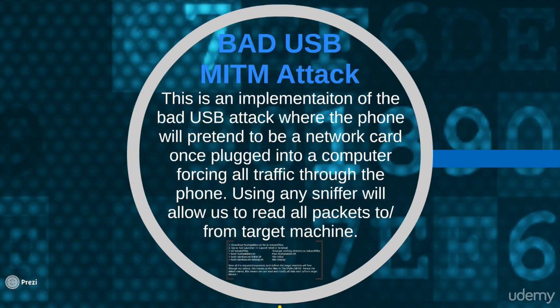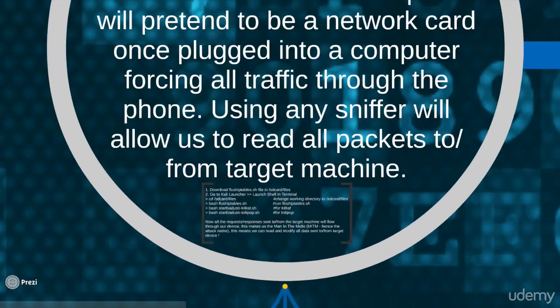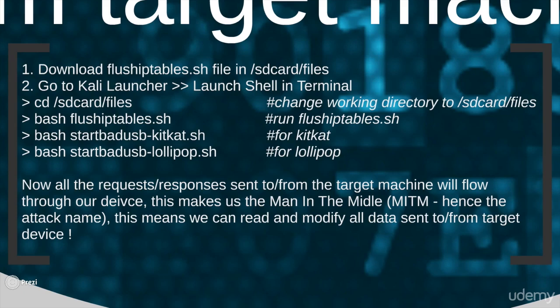Now, in order to set the device up that way, we have to do a few steps. So let's go to the Kali device and see how we can do this. You can actually do this using the Kali menu, but for some reason the Kali menu is not working for me. That's why I'm going to be doing it from the terminal.